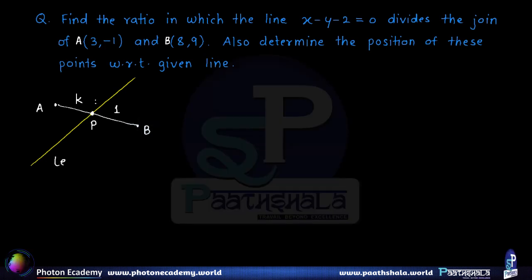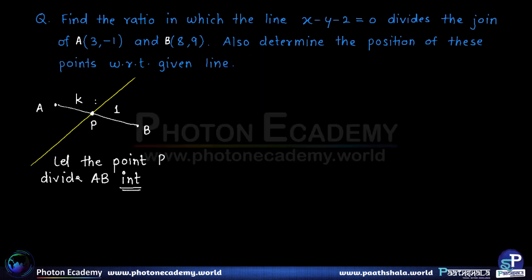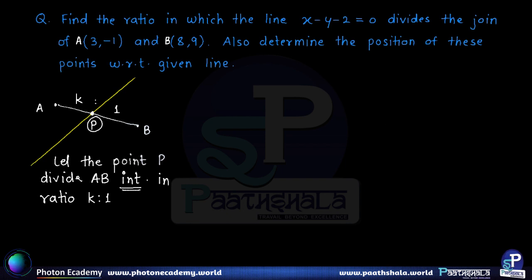So here we say that let the point P divide AB internally, so that's the assumption, in ratio k:1. Now using the formula for internal division, the section formula, we can write the coordinates of point P. A is (3, -1), that is given, and B is (8, 9).